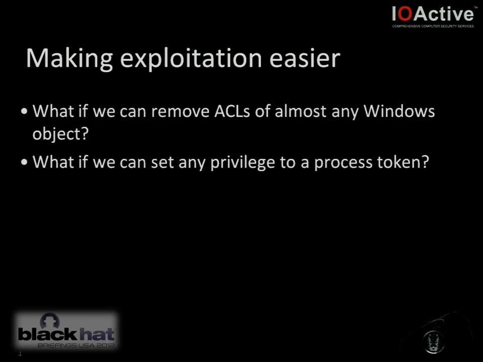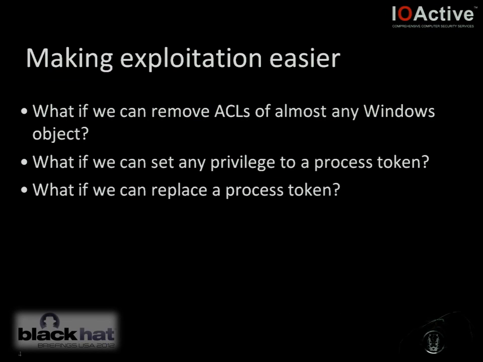Another question I asked myself was, what if I can set any privilege on a process token? That would mean instantly elevating privileges, because you know where to write, just change some bytes and instantly get more privileges. And then the other question I asked myself was, what if I can just replace a token from my process?